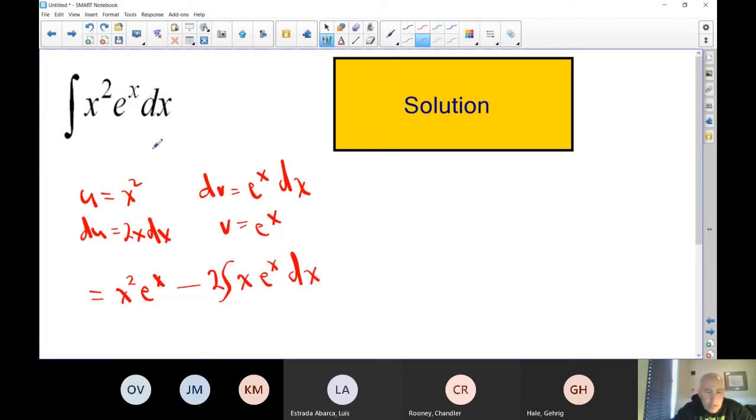You might say, well, why? It's still not great. I agree, it is still not great, because I have e to the x and I have this x beside it, so it's not an e to the u du situation. There's more to it than just the simple differentiation rules. However, it is better than what I started with, because I started with x squared. Now, at least it's just x to the first.